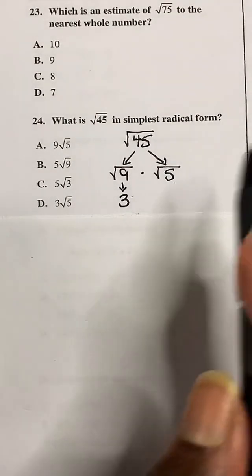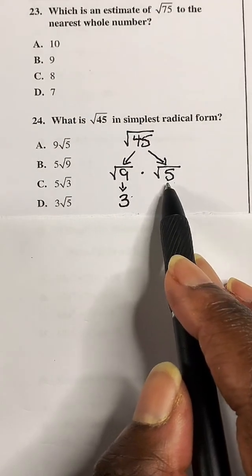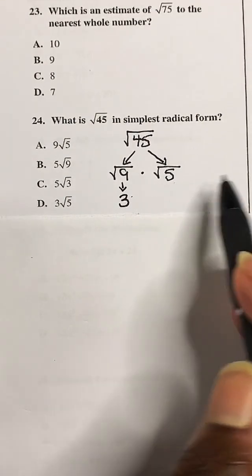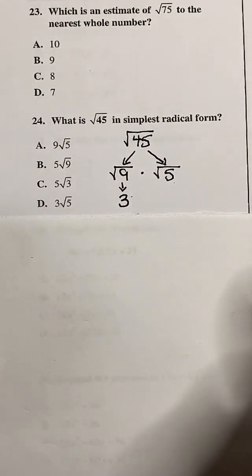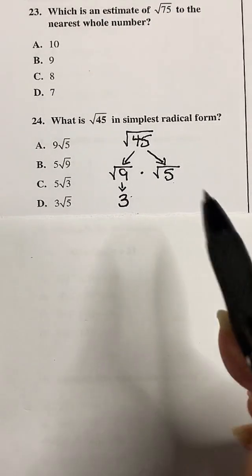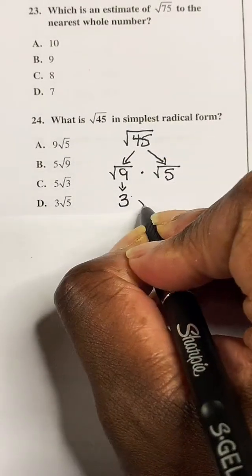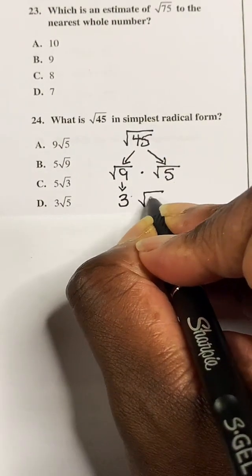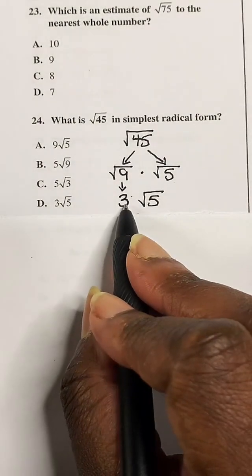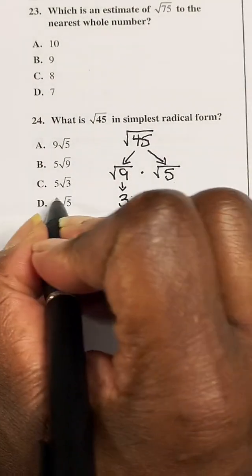That's gone. But the square root of 5, I can only break down 5 by 1 and 5. Can't really get it perfect other than the 1 out of it, so I'd just be giving it back to my original. This is why it's prime. So if you multiply those two, you're going to get 3 square root of 5.